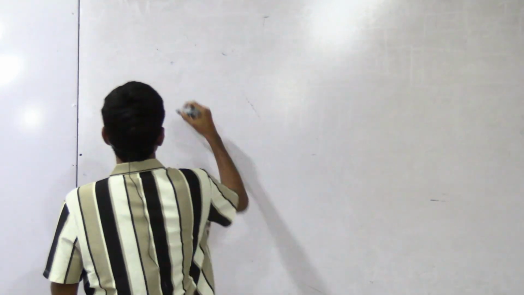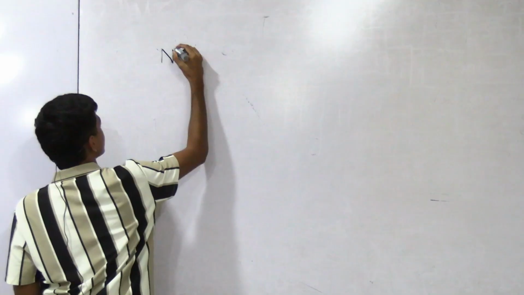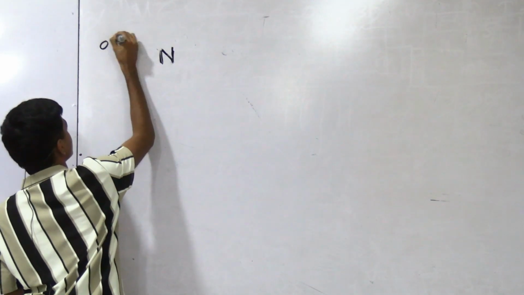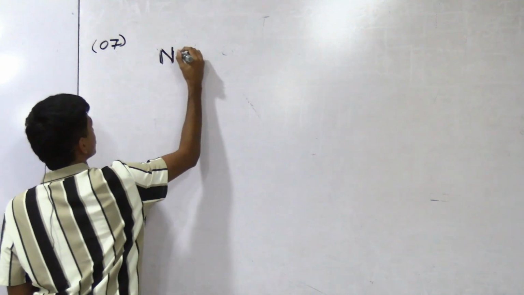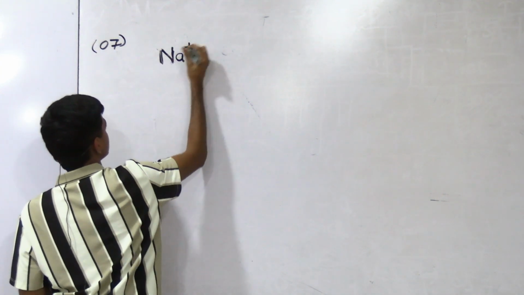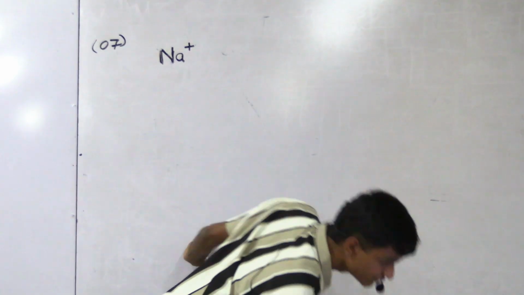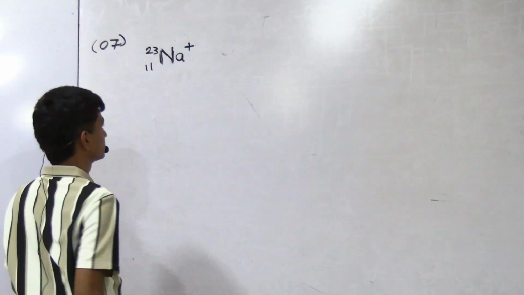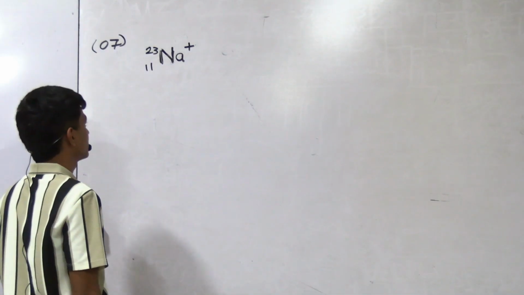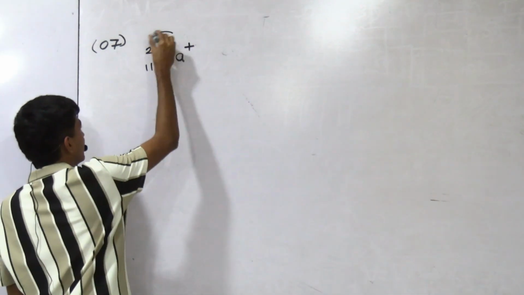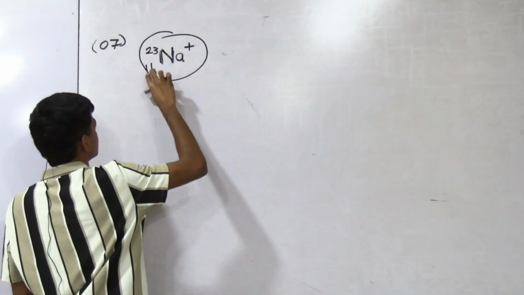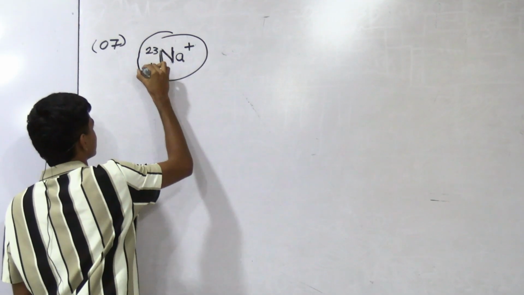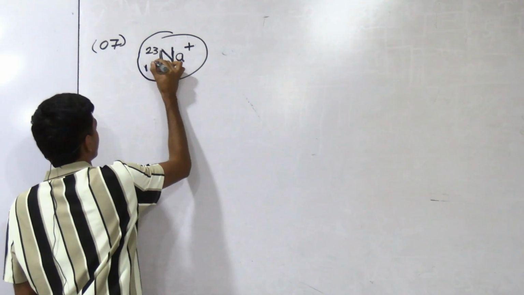You guys will be lucky if you get questions like these for your paper. So in question number 7, Na+ 23 11. This is how we denote an ion according to IUPAC standards. 11.